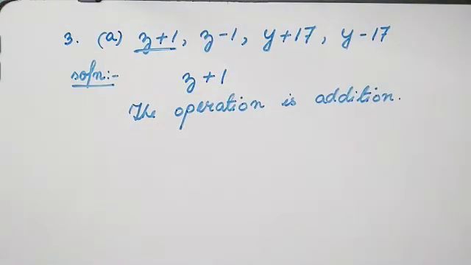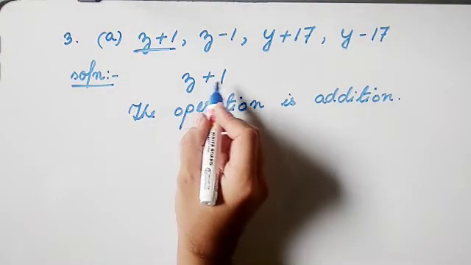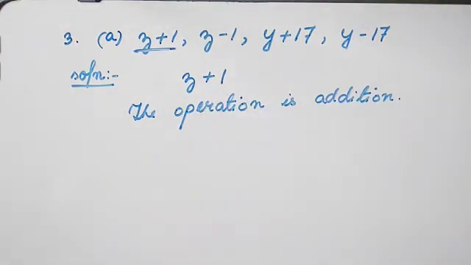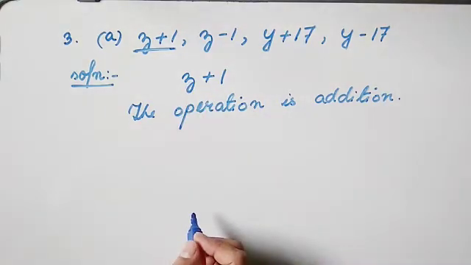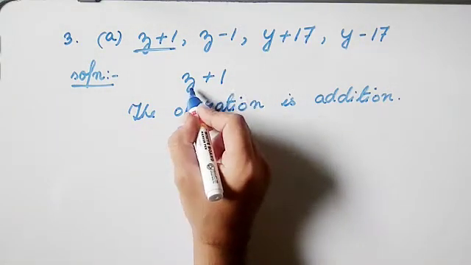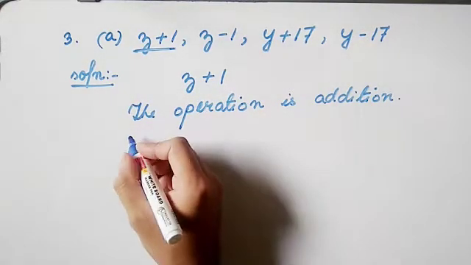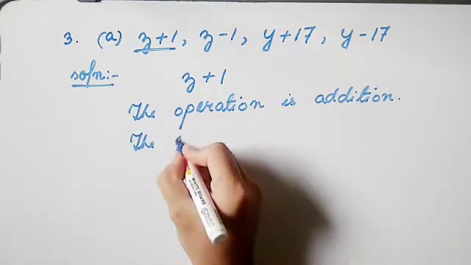Then after that, we are going to find how this expression z plus 1 is formed. Okay, so the expression z plus 1 is formed how? It is very simple. When 1 is added to the variable, yes, z.